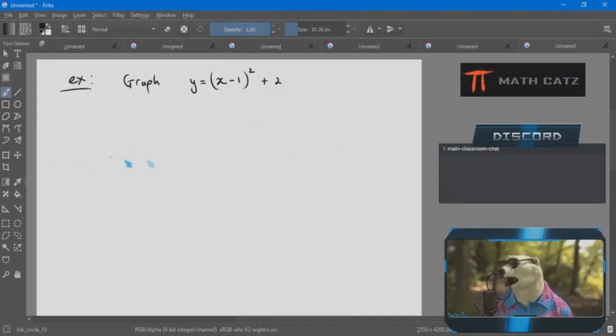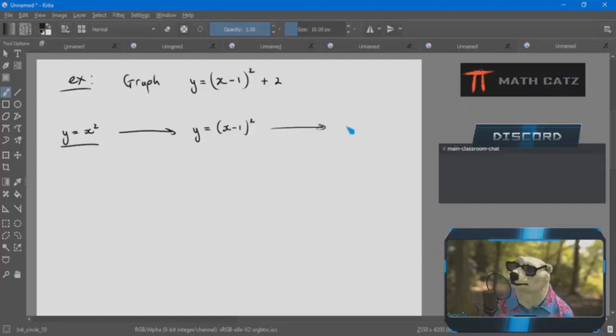Now I'm going to make a chain of transformations. I start with my basic function that this is built on, y equals x squared. That then changes to y equals x minus 1, everything squared, where what I'm doing is replacing x with x minus 1, and that then changes from this middle function to the end result by taking the right-hand side, exactly the same, and then adding 2.